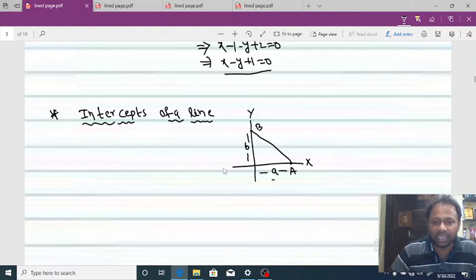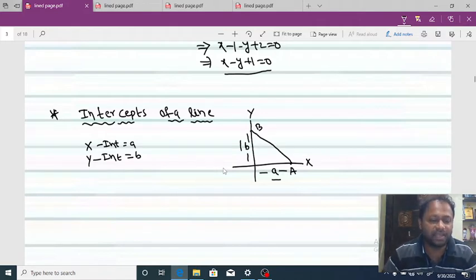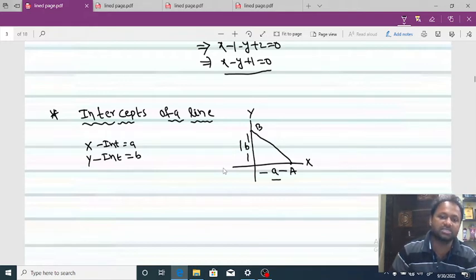Here a is called the x-intercept and b is called the y-intercept. The distance from the origin to A is the x-intercept, meaning distance on the x-axis. The y-intercept means distance on the y-axis.